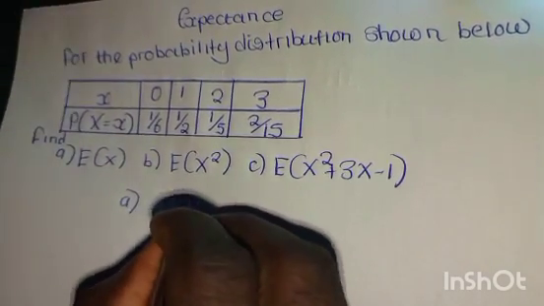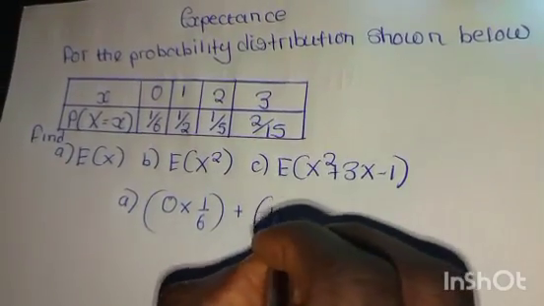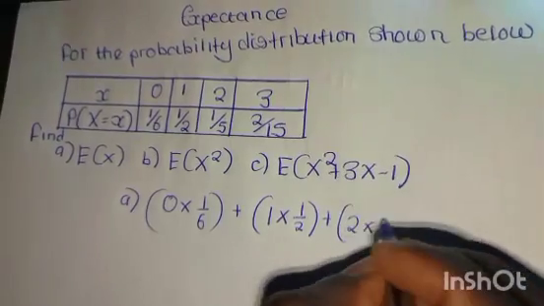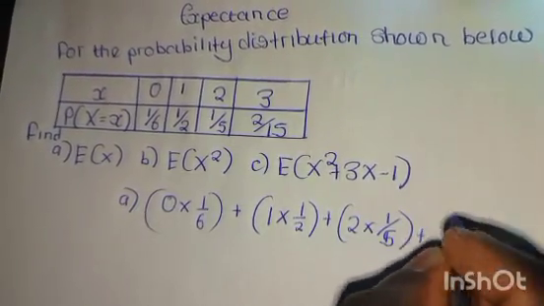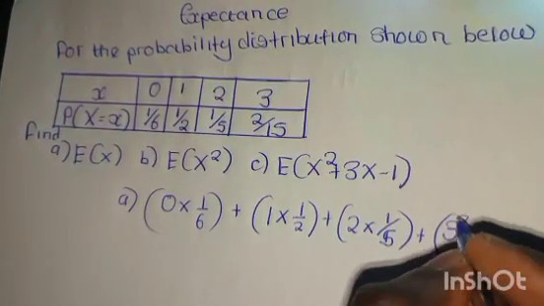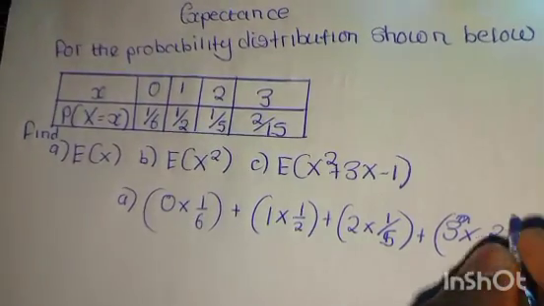So we have 0 multiplied by 1 over 6 plus 1 times 1 over 2 plus 2 multiplied by 1 over 5 plus 3 multiplied by, sorry, here there was a mistake, 2 over 15.